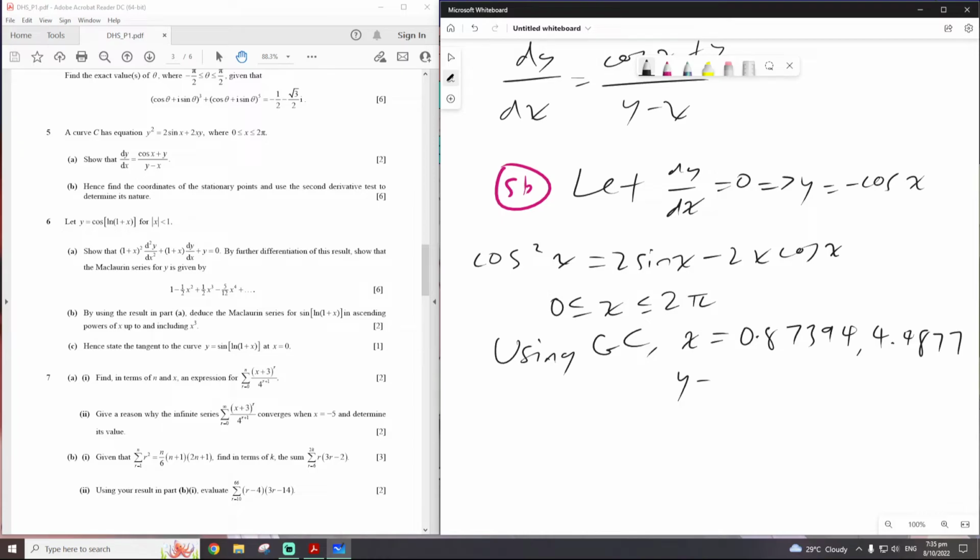And we can also find the associated y values. This is negative 0.64181, and the other y value is 0.22280. Okay, so these are your turning points, and you can find the second derivative.